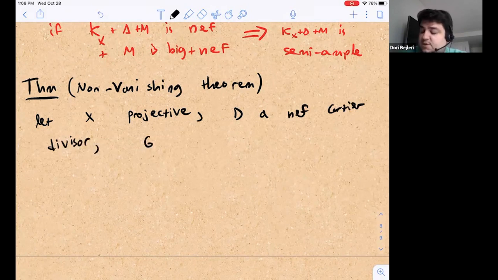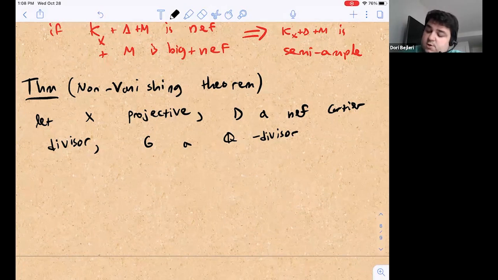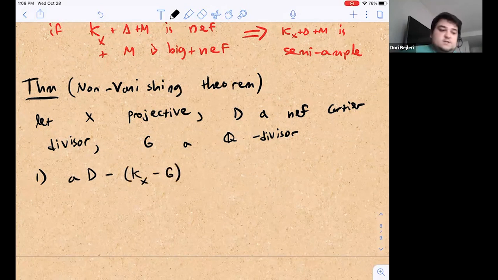And G is just some Q-divisor satisfying the following properties. One, again, this kind of difference property, but this time there's a minus G. So let's say we have AD minus K_X minus G is a big and nef Q-Cartier divisor.